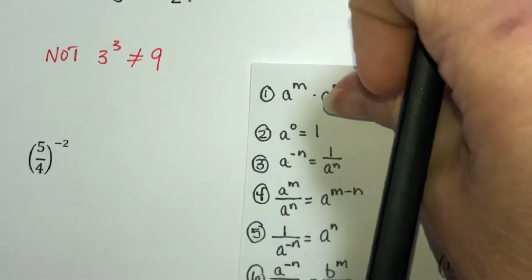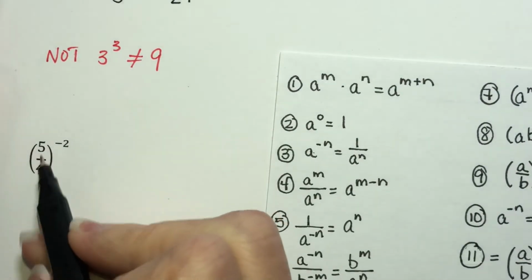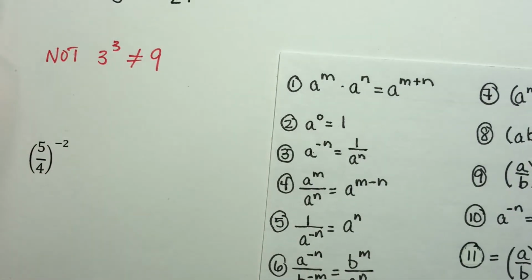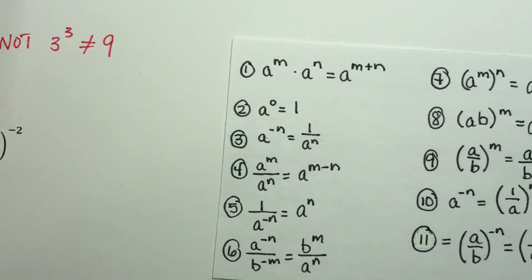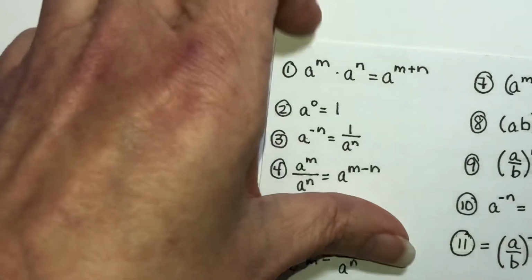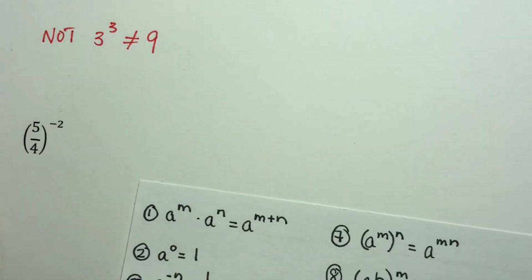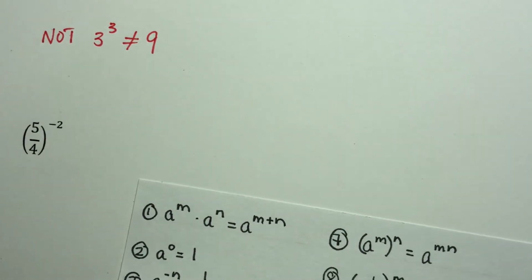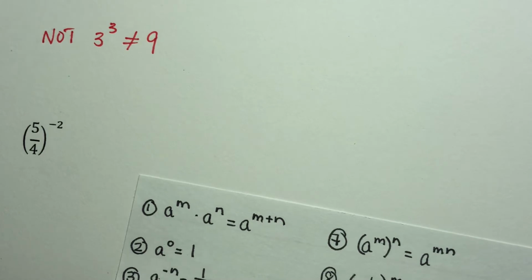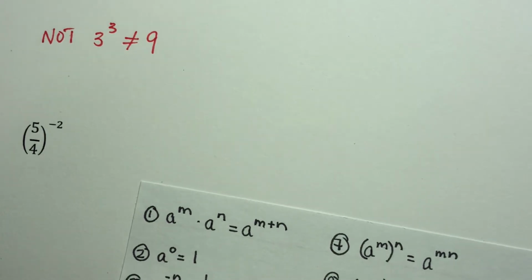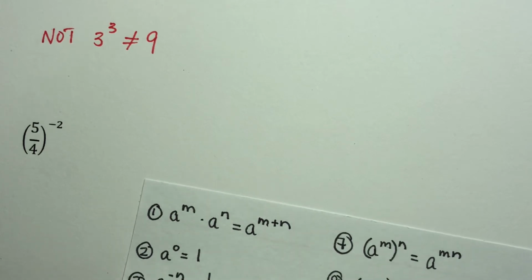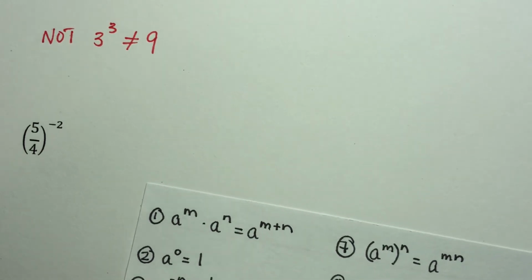So let's do 5 over 4 raised to the -2. You have options here, and that's something you're going to have to get comfortable with. When you're simplifying using these properties, you often will see several legitimate first steps. Don't worry at this point about picking the best one or the quickest one. If you see something to do, you just do it and you'll get the answer.